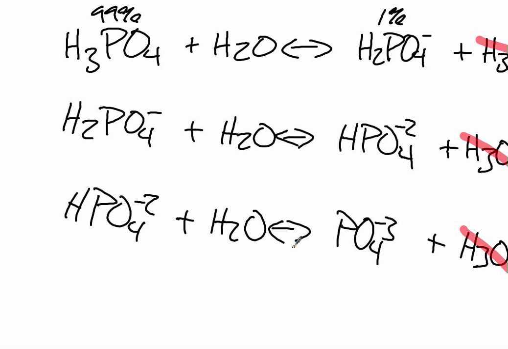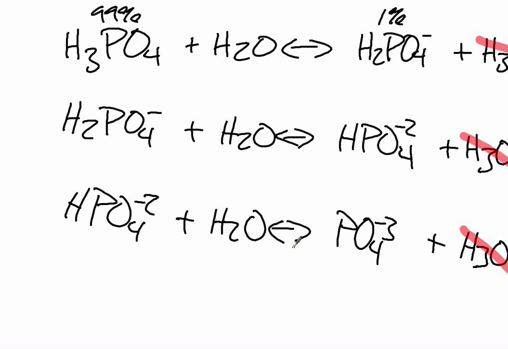This first ionization, the second ionization, this third ionization, which one's going to make more hydrogen ion? The first one, for two different reasons. First off, I told you that the second one's a weaker acid than the first one. So that would be one good reason why there's less.